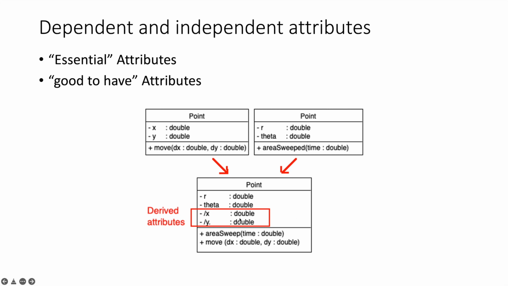Only thing is someone will use it, but we cannot give access to the outside world to change the values of x and y. So this is a set of derived attributes, and a derived attribute in UML is represented by giving a slash in front of it.